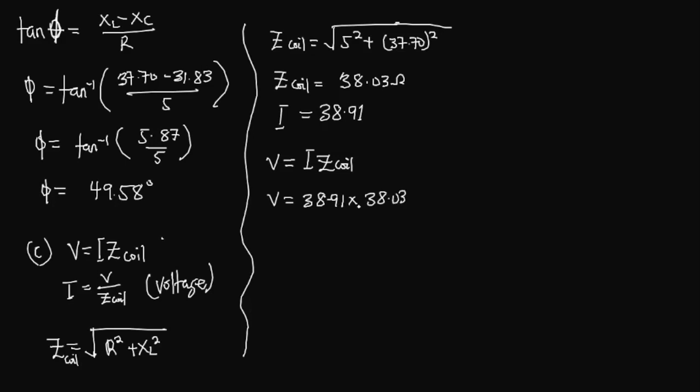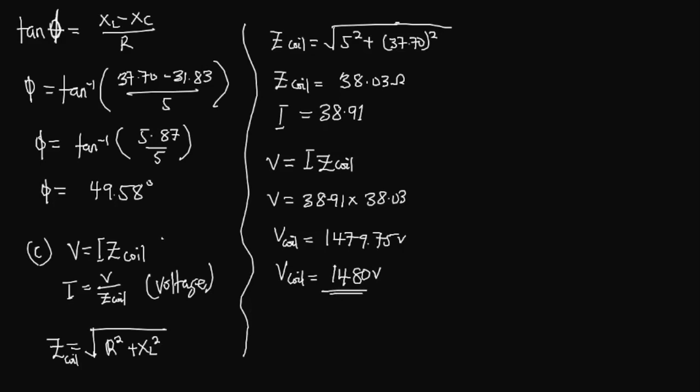If we multiply these two, the voltage of the coil to be precise will be equal to 1479.75 volts. You can round it to the nearest whole number, 1480 volts. So this is the voltage of the coil.